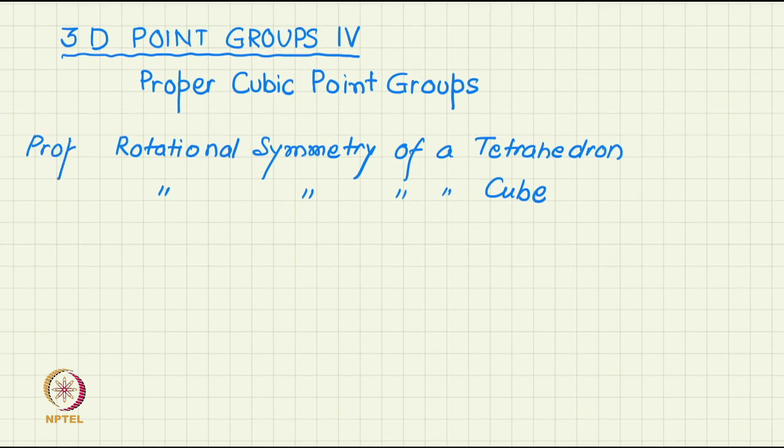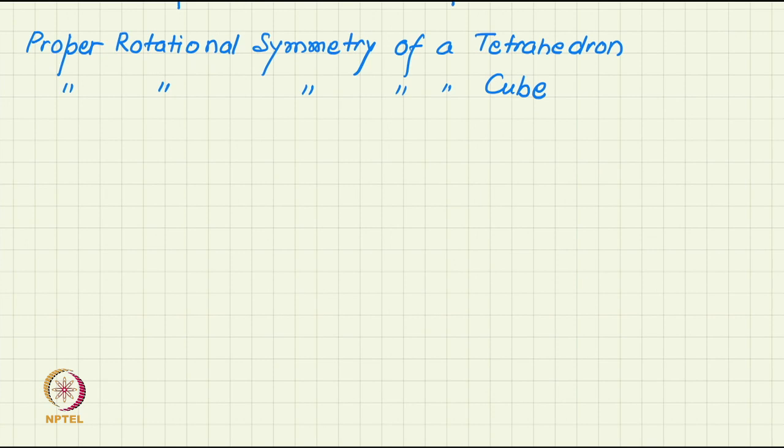So, let me add the adjective proper rotational symmetry, because cube and tetrahedron both are highly symmetric objects and they have, apart from proper rotations, for example, mirror planes as well. But since we are considering proper groups at the moment, we will consider only the rotational part of their symmetry. So, rotational symmetry of tetrahedron and rotational symmetry of cube. So, we will just look at them.